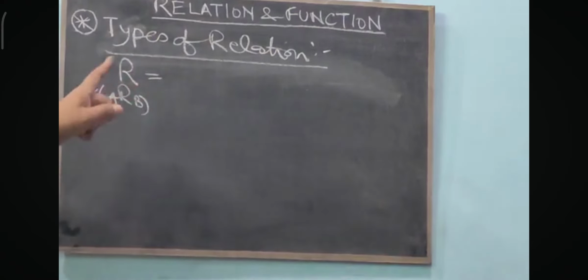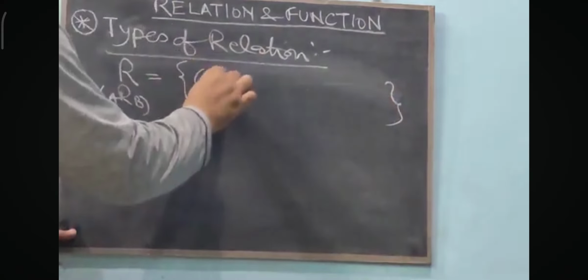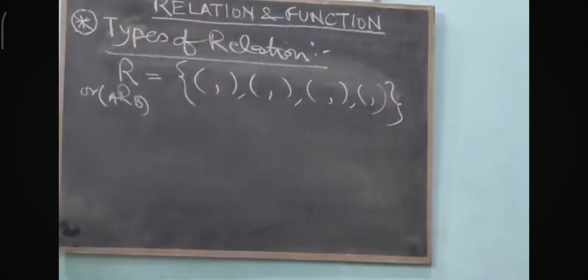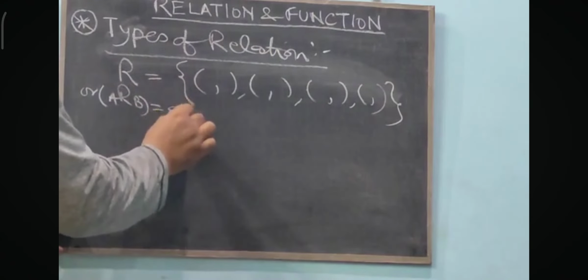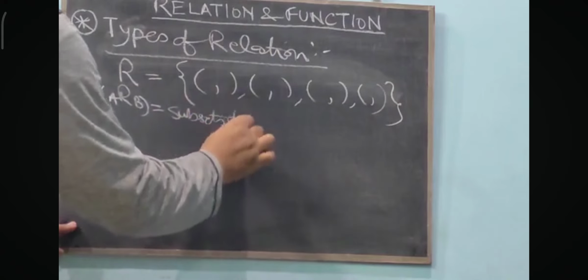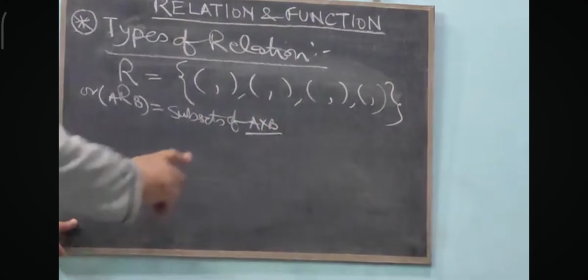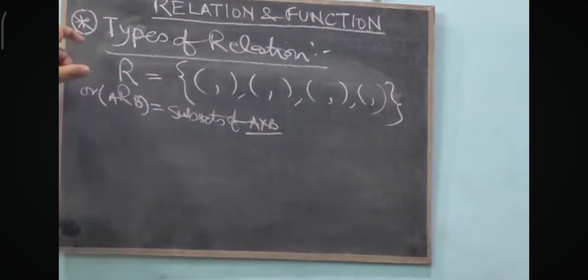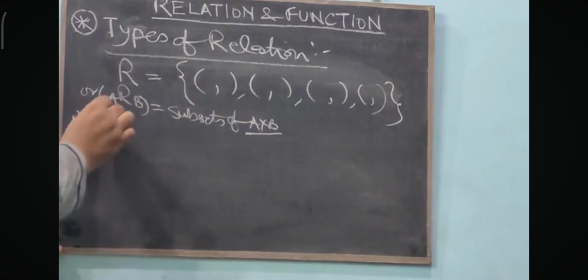ARB means subsets of A cross B. It is given, and obviously it would be in terms of its elements as pairs, because we have just shown that ARB is subsets of A cross B. A cross B indicates that all elements should be in paired form, and subsets of A cross B is relation. So relation is a set that will comprise all its elements in paired form. Now types of relation, the number one is reflexive.